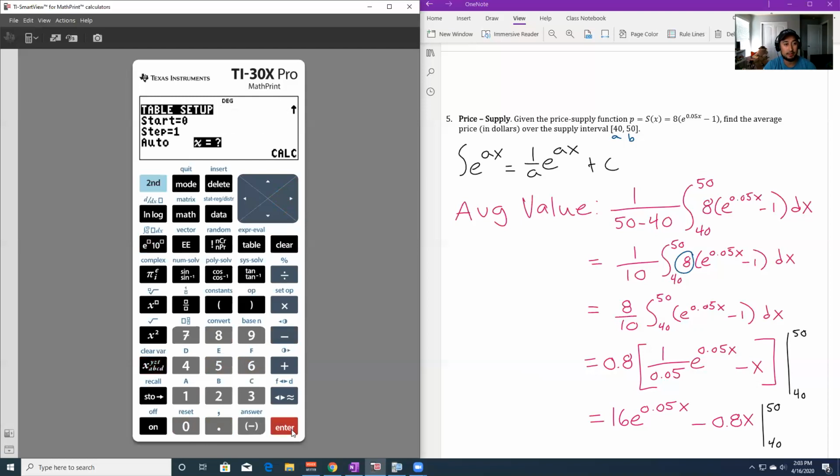Enter, enter, enter, enter. And I type in 50, and to 2 decimal places, 154.92 minus, type in 40, 86.22.